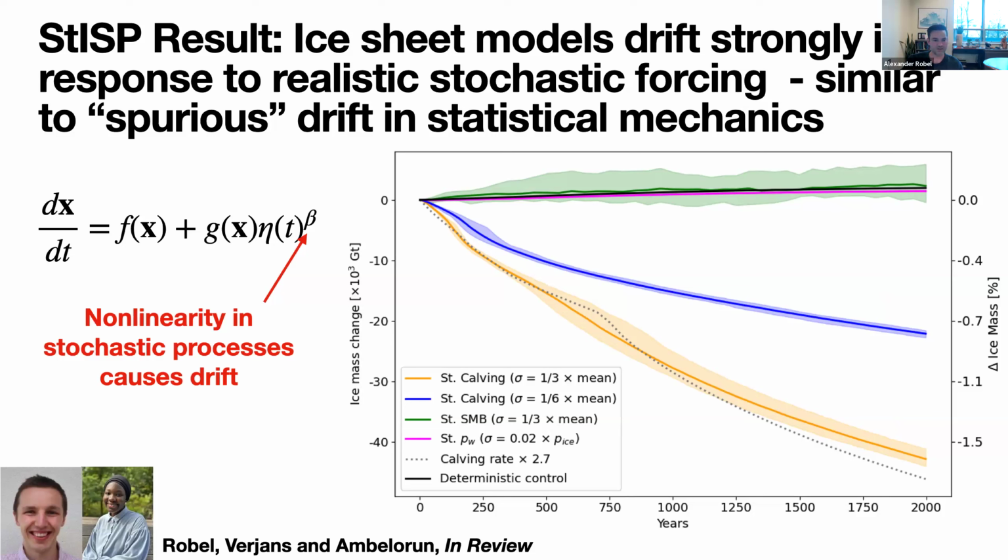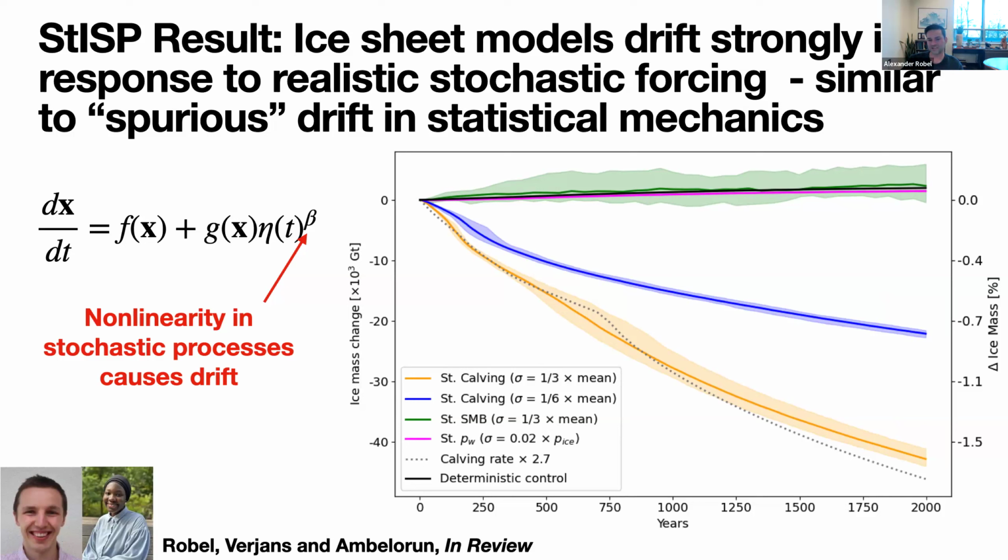This is a new study which is currently in review in The Cryosphere, where we take a somewhat realistic model of the Greenland ice sheet, and we apply a realistic level of stochastic variability in the ocean melting at the front of the glaciers in Greenland, and also surface mass balance, and some other processes in the ice sheet.